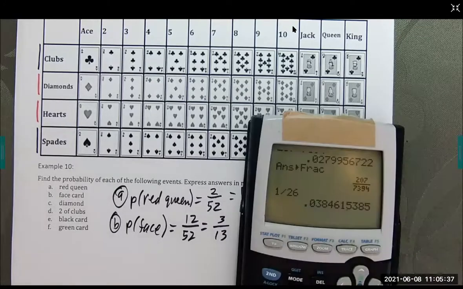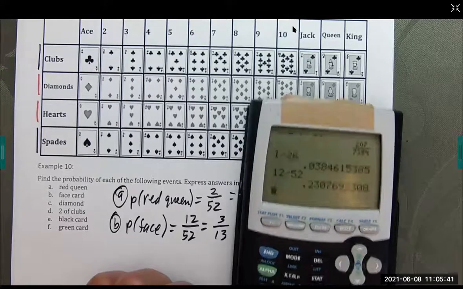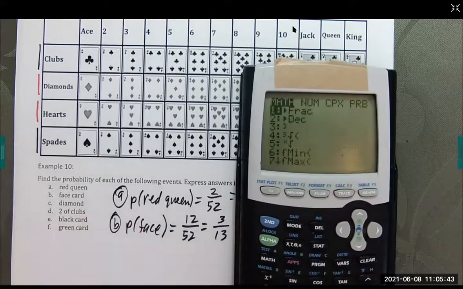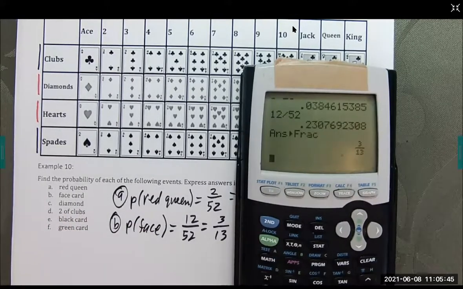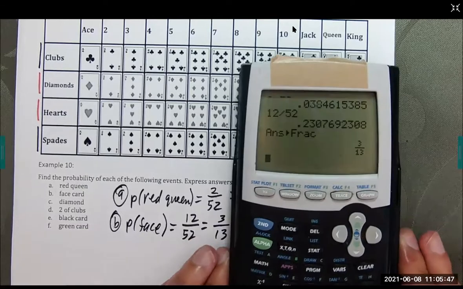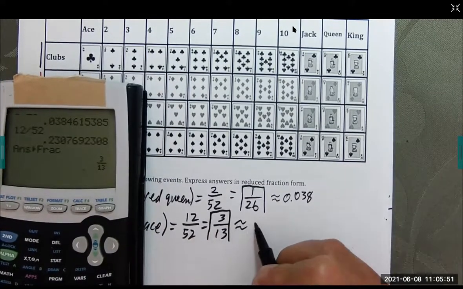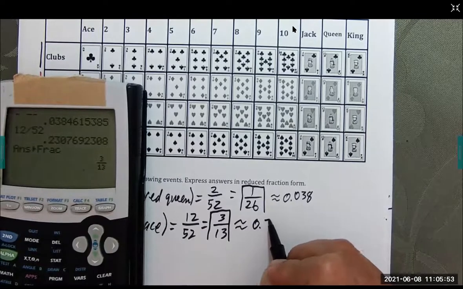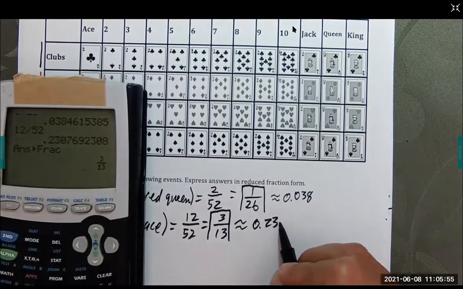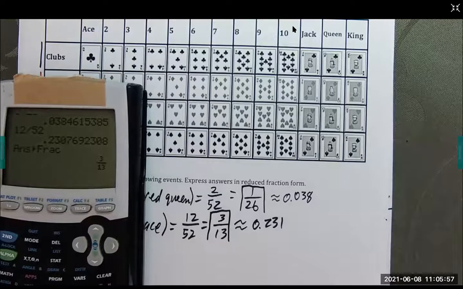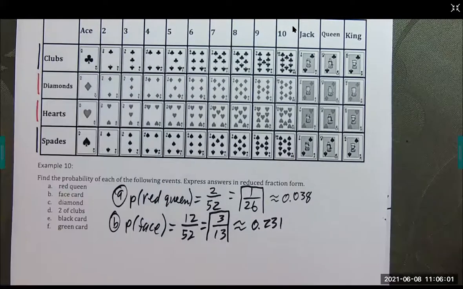And I can double check that by using the little trick I showed you with the math convert. Yep, 3 over 13, which is how they want the answer written. And the decimal approximation of that is 0.231, we'll say. Meaning there's about a 23% chance that you're going to get a face card, which in some card games, that's not so bad.